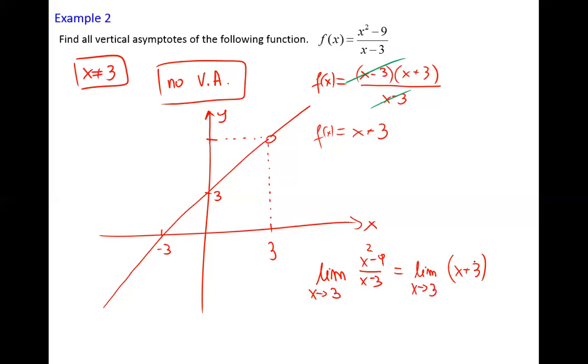That means my original function, or the reduced form x plus 3 at 3 behaves 3 plus 3 is 6. That means this value is 6, but it's not, it's just the limit, the behavior of the function near 3. That means I'm adding a little bit of calculus, but I'm also answering the main question. Vertical asymptotes for this function, they do not exist.